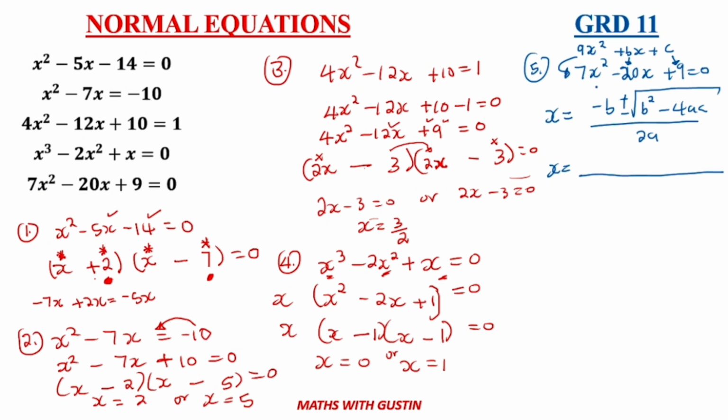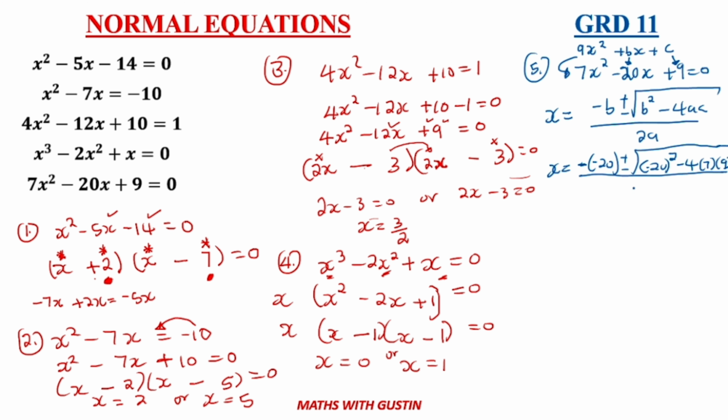Here we go. Minus b is what? b is negative 20, so we have a negative 20 there, that comes with the formula. Then plus or minus the square root of b, which is negative 20 all squared, minus 4a, where a is equal to 7, and c is 9.